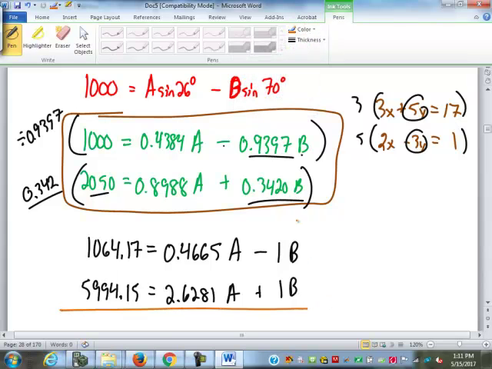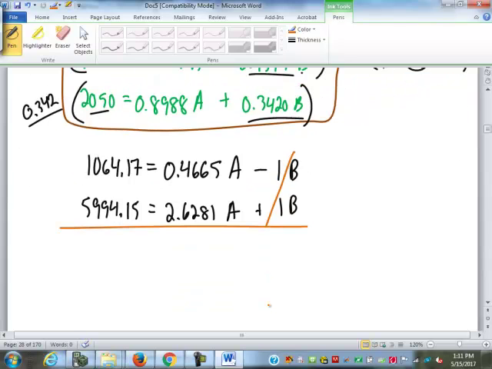Now the B's will cancel out. So that's 7,058.32 equals 3.0946A.